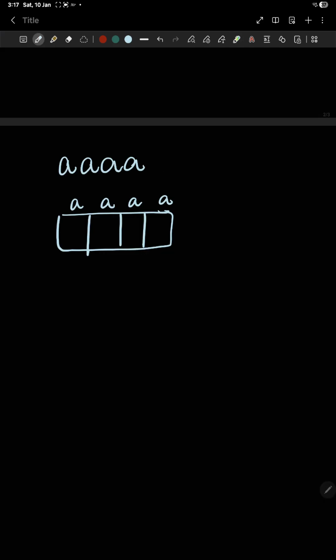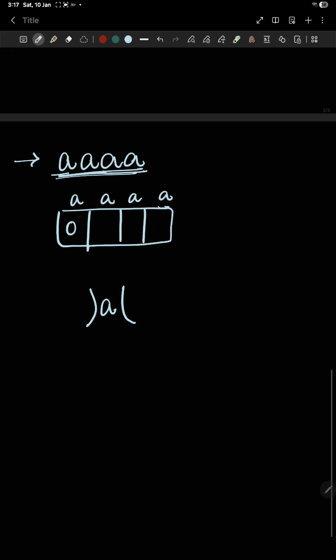Okay, so this pattern is given to us: a four times. We have to build the LPS of this. If such kinds of patterns are given, we'll first write the first character, only the first character, a. There is no prefix and no suffix, so zero here.